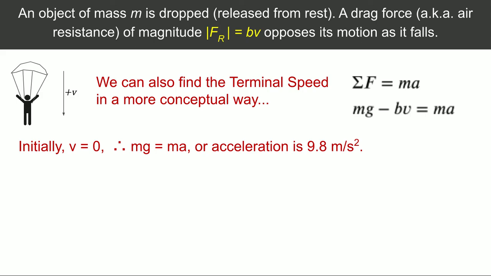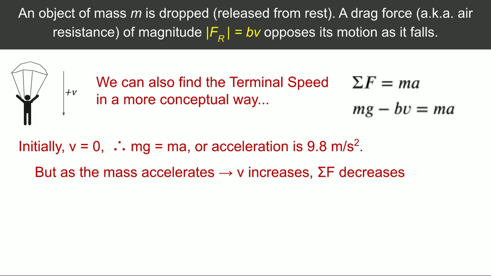But that means the object is accelerating. And so its velocity would be increasing immediately, and we would be subtracting a value from mg. And this amount that you're subtracting keeps on getting bigger and bigger, so the net force would keep on getting smaller and smaller.